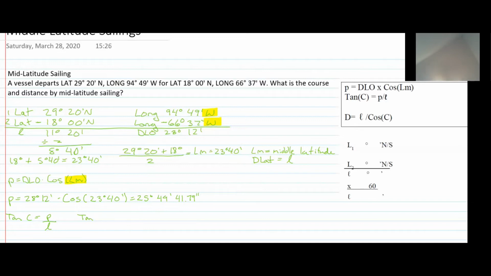Tangent of C equals our 25 degrees, 49 minutes, 31.79 seconds, over L, which was 11 degrees, 20 minutes. So you can keep this in your calculator, keep the p-value in the calculator.